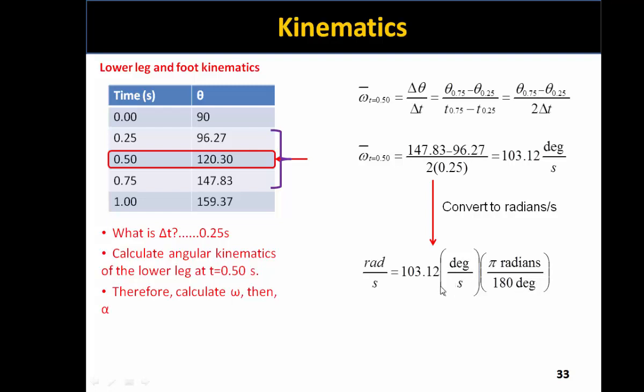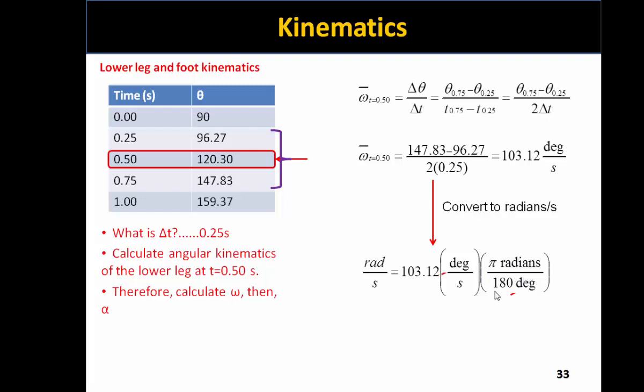In terms of seconds, we want to end up with seconds. We have seconds. We can ignore that unit. We don't have to do anything with it. So we know that the conversion of radians to degrees is such that pi radians is equal to 180 degrees.